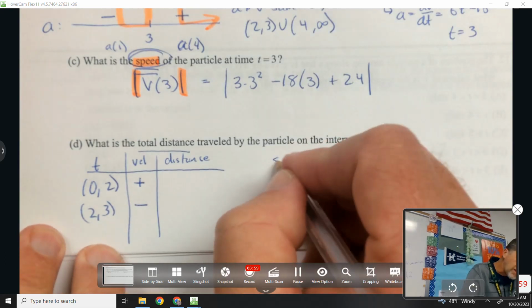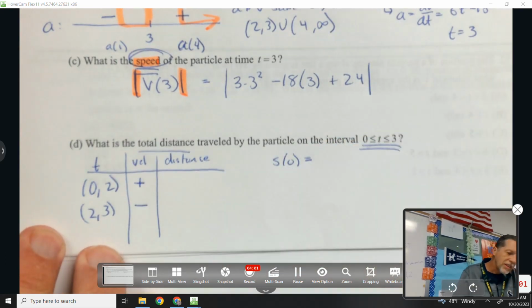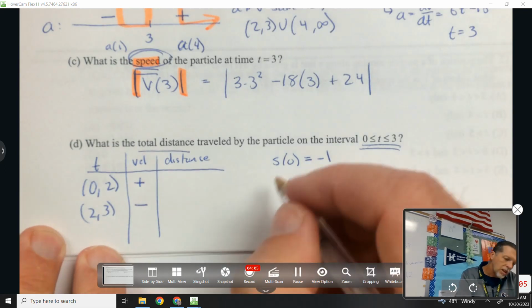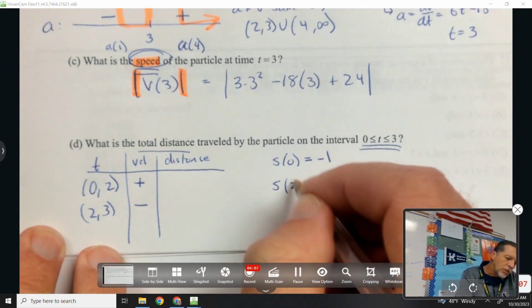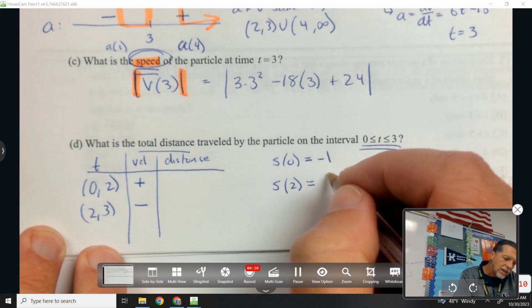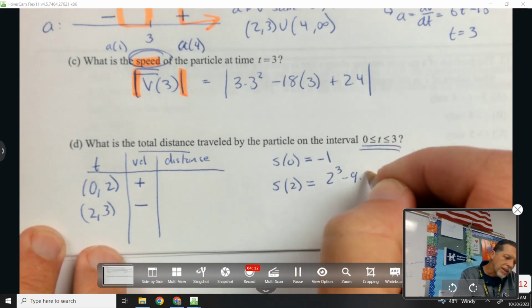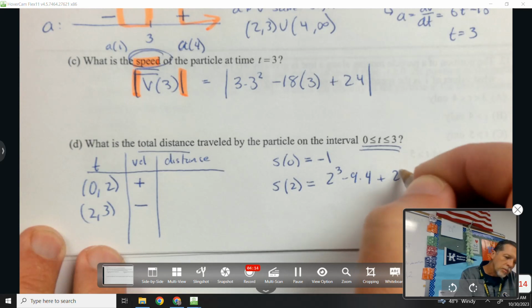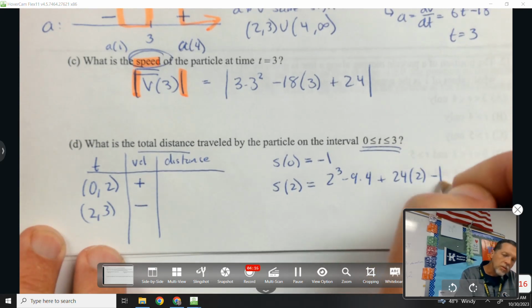So let's find S of all those places. S of 0 is negative 1. That's an easy one. S of 2, 2 cubed minus 9 times 4 plus 24 times 2 minus 1.